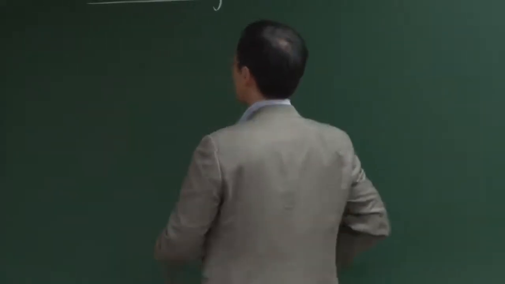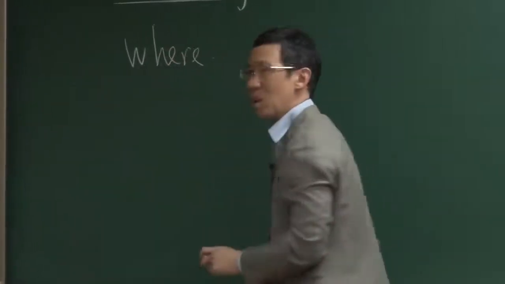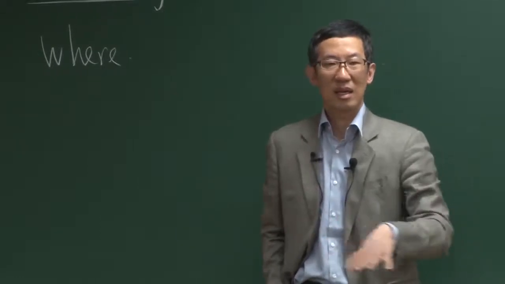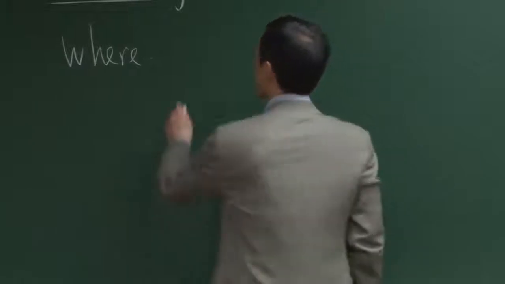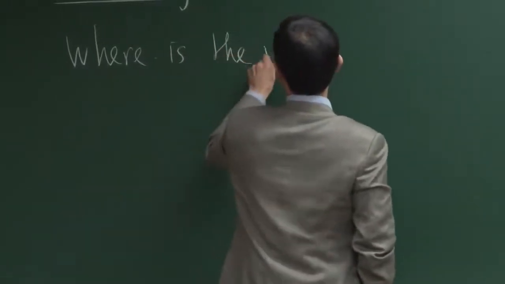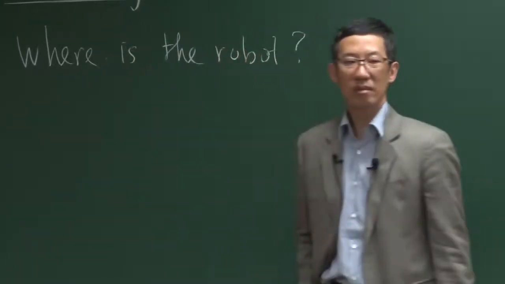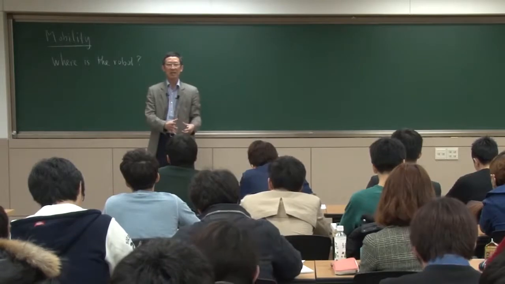So what is mobility? Well, the most fundamental question you can ask in this course, at the beginning, is: where is the robot? So we need to know where it is, where the hand is, where the base is.